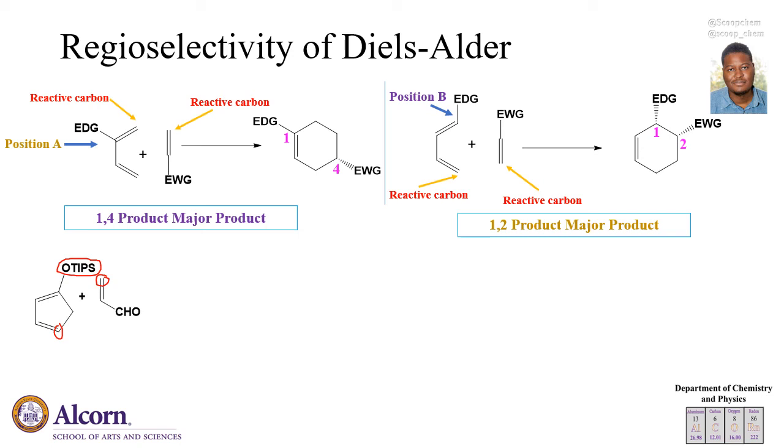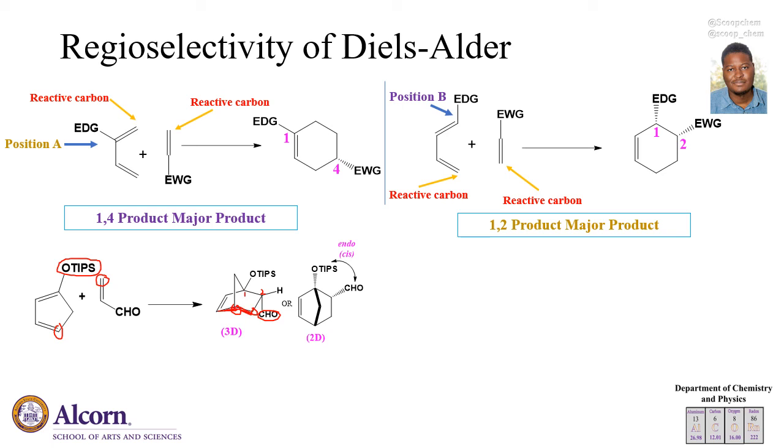If I have a cyclic diene, that's going to lead to a bicyclic compound, and I need to make sure I showcase the endo-stereoselectivity. So if I look here, this carbon and that carbon met, that led to my two substituents having this 1,2 relationship. I'm drawing this aldehyde down, inside this concave face.